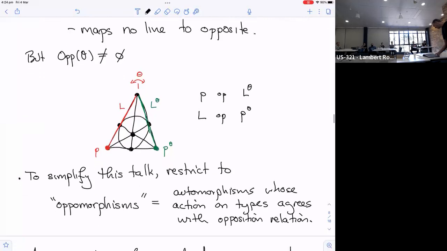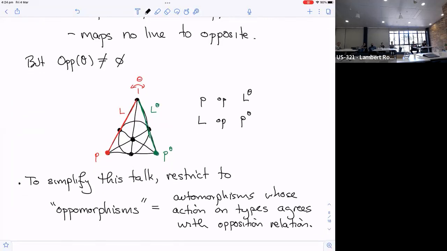So just to simplify, I'm going to talk about something called an automorphism, which is not a real word, but it is going to mean an automorphism whose action on the type set of the building agrees with the action of opposition. So this is not one, because opposition in a projective plane swaps the types. This automorphism preserves types, so I'm just not going to talk about that one anymore.